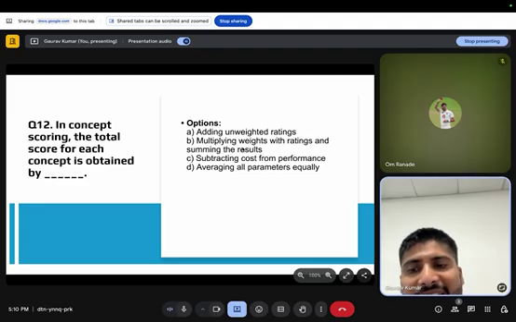Option A, adding unweighted ratings, treats all criteria as equal and ignores strategic priorities. Option C, subtracting cost from performance, oversimplifies multidimensional evaluations, and option D, equal averaging, produces misleading neutrality. Thus, the weighted sum model alone achieves a balanced comparison.